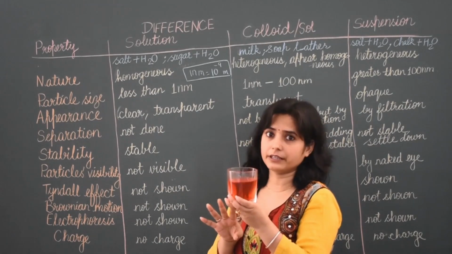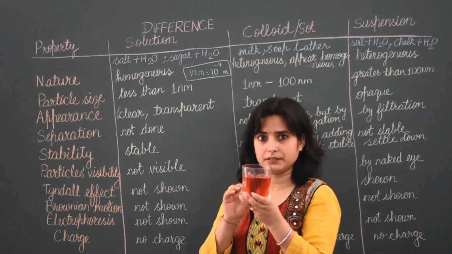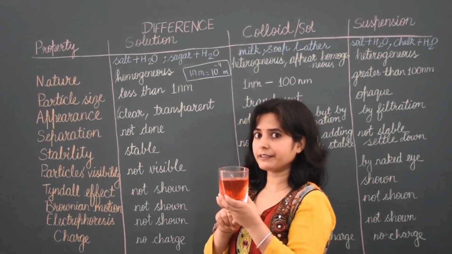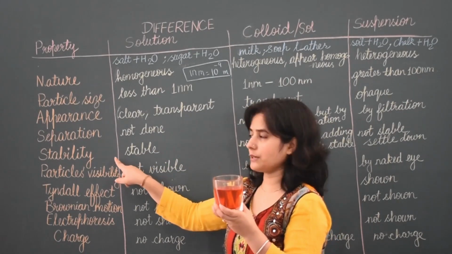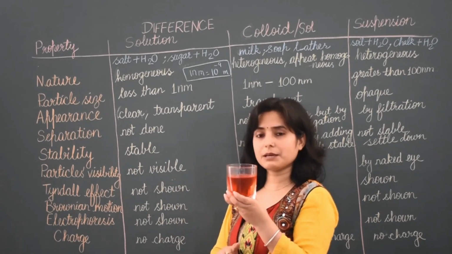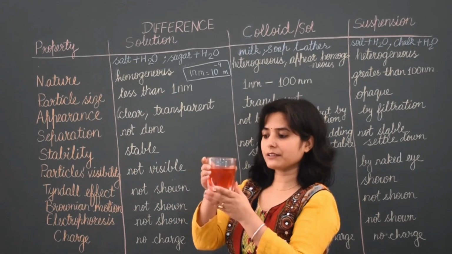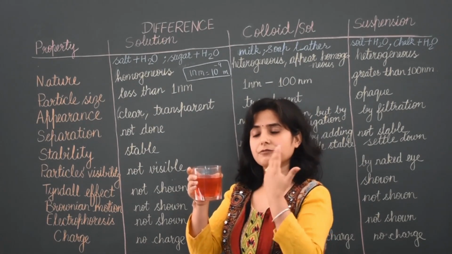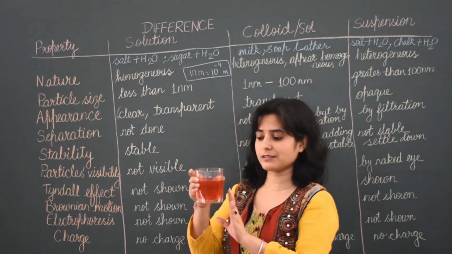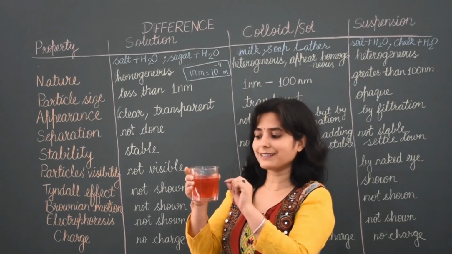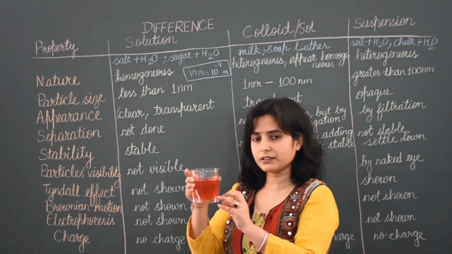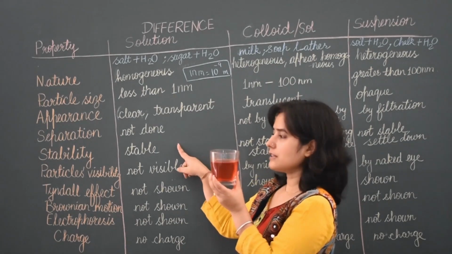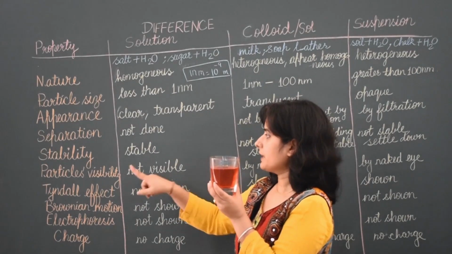It is not possible. We cannot separate the particles of these two now. So separation is not possible in the case of solutions. Stability. Stability means when I make this solution, if it remains like this after 1 hour, or after more time, then it is stable. But if its particles get separated on their own, it is not stable. So this is the same, so it is a stable solution.